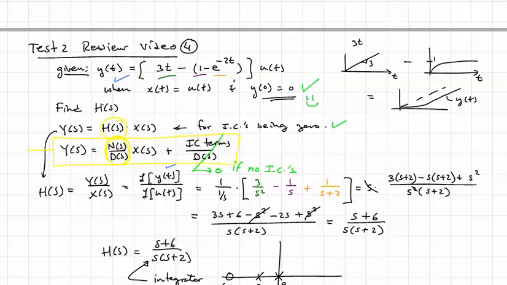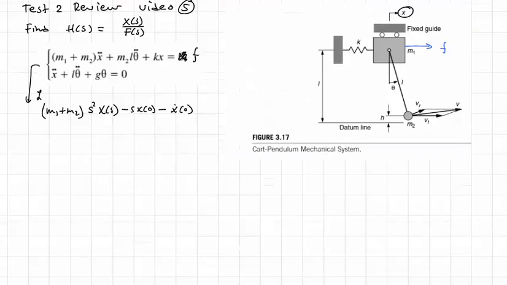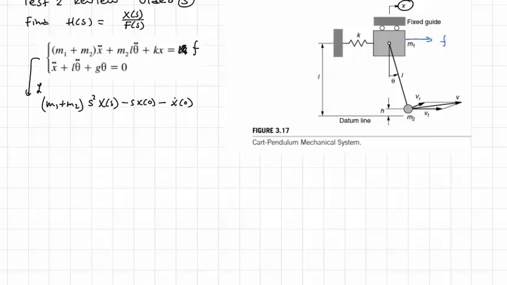Even if there are initial conditions to this problem, they're not going to help us find the transfer function. In fact, they'll get in the way. So it's best to assume that there are no initial conditions. We will set these to 0. They're not needed, not useful in finding H(s).